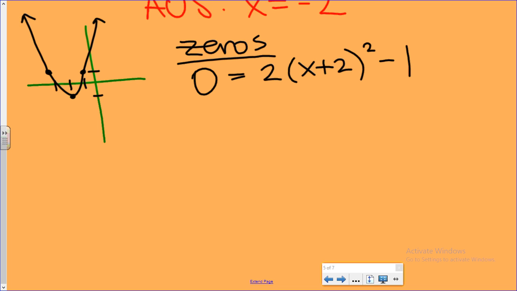Okay, so let's just remember how to solve something like this. First step, add 1 to both sides. Next step, divide by 2.